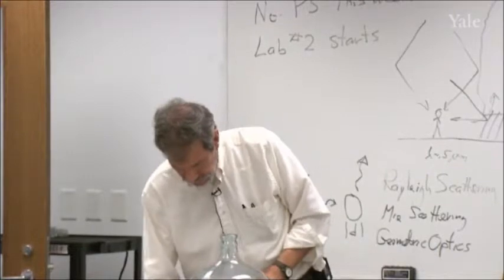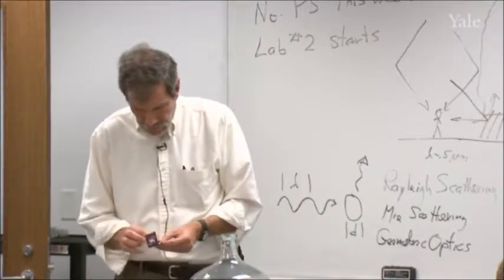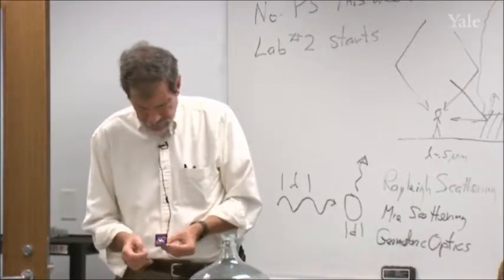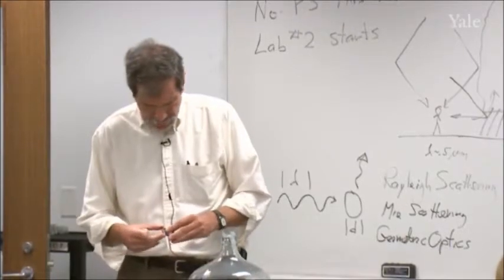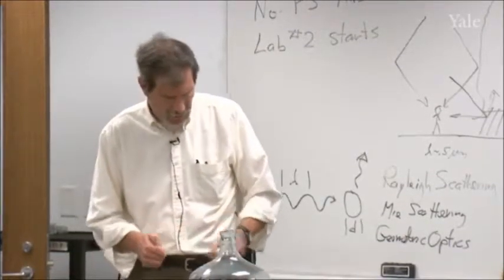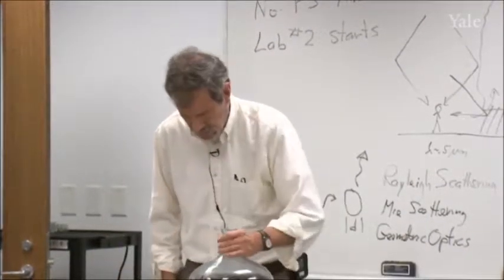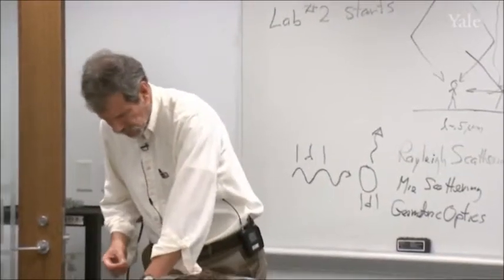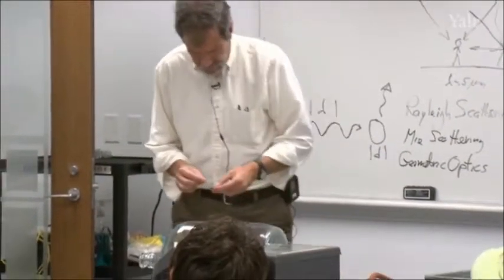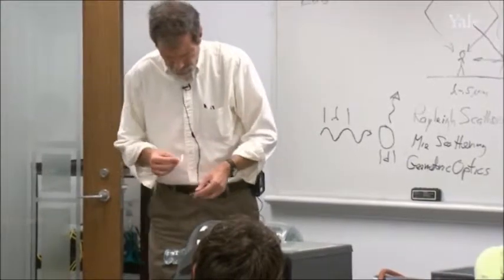Now, I'm going to give it a few condensation nuclei because I'd prefer to form a large number of small droplets rather than a small number of large droplets. It'll make the cloud more visible that way.